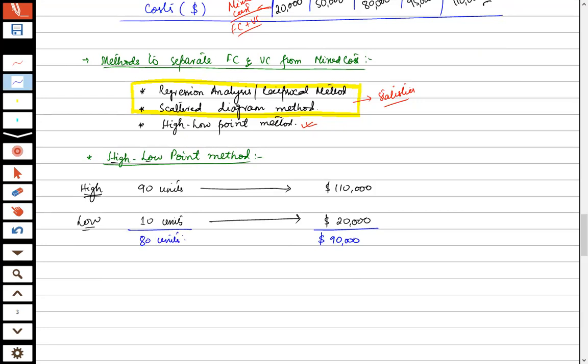Now we will divide this difference of cost by this difference of units. So if we divide 90,000 by 80, what will the answer be? Up to two decimal points.